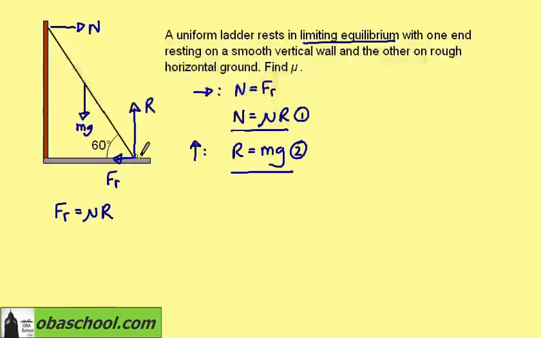Since we're in equilibrium, we also know that there must be no resultant turning effect. If we call this point A and take moments about it, the sum of the moments must be 0. R and Fr have no turning effect about A, since they act through the point.